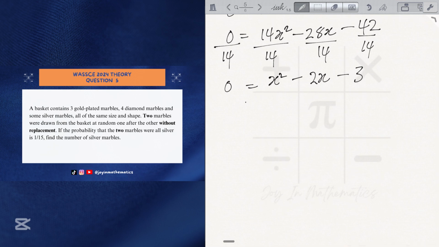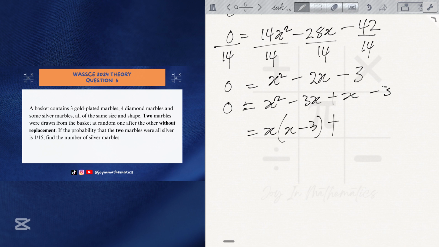So using the factorization method, this will result into x squared minus 3x plus x, because when we add these two together, we'll have minus 2x, then minus 3. So we can factorize the first two terms with x to give x minus 3, and factorize the remaining two terms with 1 to give x minus 3 equals to 0.